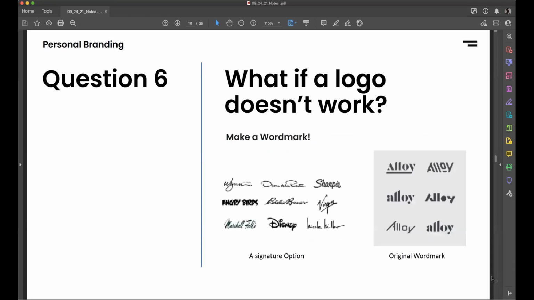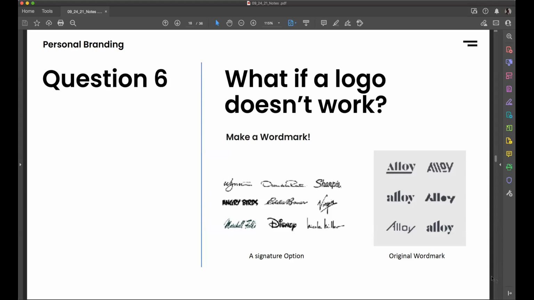So last question. What if a logo doesn't work? You don't have to have the actual logo that is 100% yours, like the Target logo, like the Nike logo, like the Apple logo, meaning no words, just the logo and the icon itself. A word mark is just as fine as long as it carries all the same things that we've talked about.